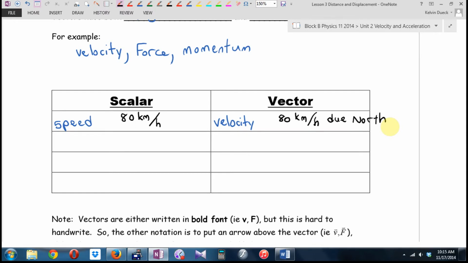Distance is a scalar. All distance wants to know is how far, or how long, or how big. How far from Pitt Meadows to Vancouver? 45 kilometers around.